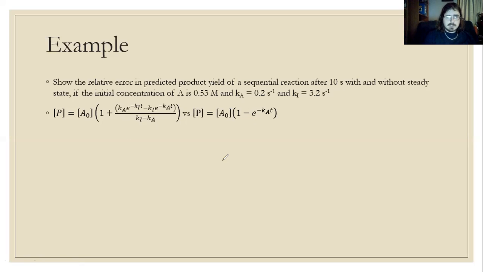Now let's do first with the steady state. The initial concentration is 0.53. First, actually, let's compare how much bigger Ki is than Ka. 3.2 divided by 0.2 is 16 times bigger.